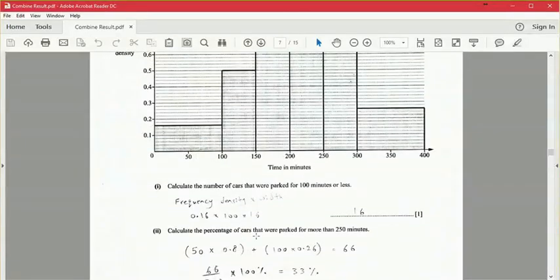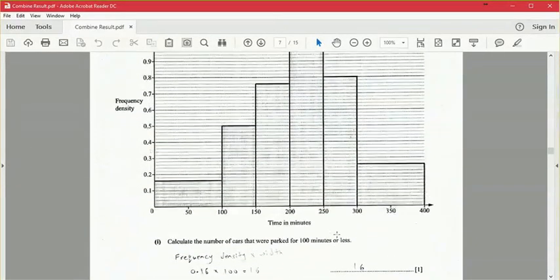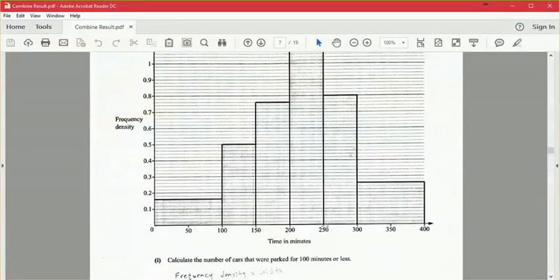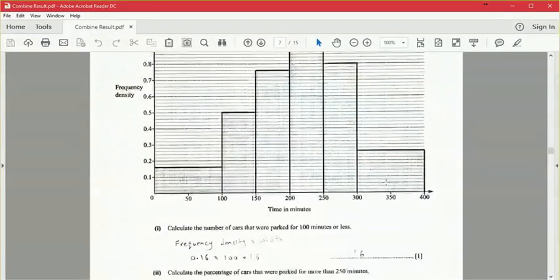Calculate the percentage of cars that were parked for more than 250 minutes. So, from 250, he wants this one and this one too. The frequency density here is 0.8, and here it is 0.28, as I see, or 0.26.